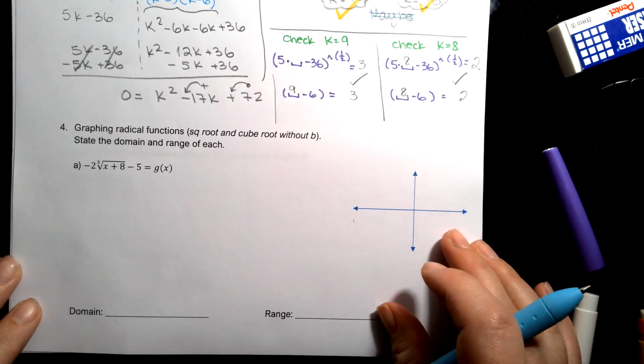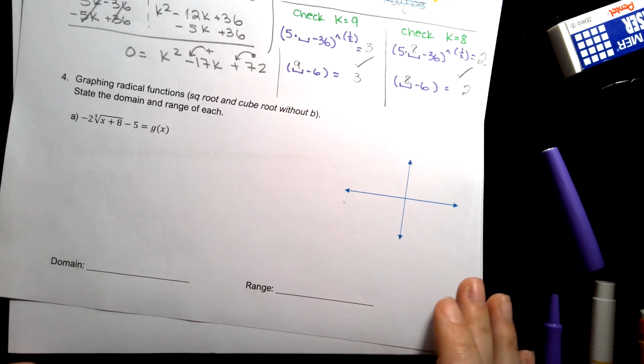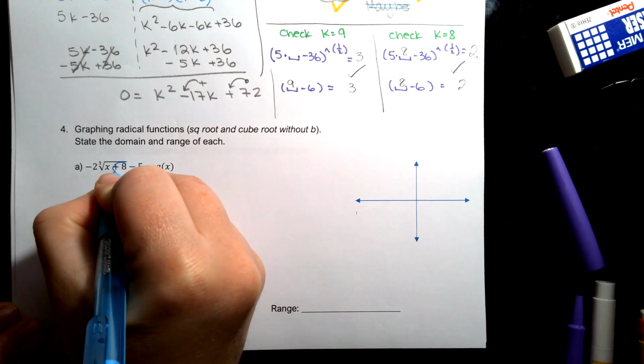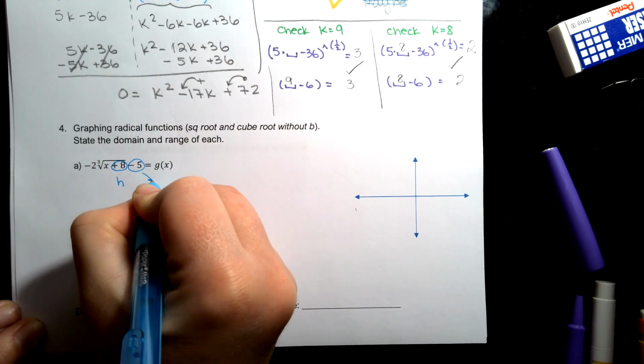Okay, moving on. We're going to start by graphing radical functions, square root and cube root, without b. We're not doing b here. And we're going to start off by identifying our kind of like our h's and k's. So here inside we have our h, and here on the outside we have our k.